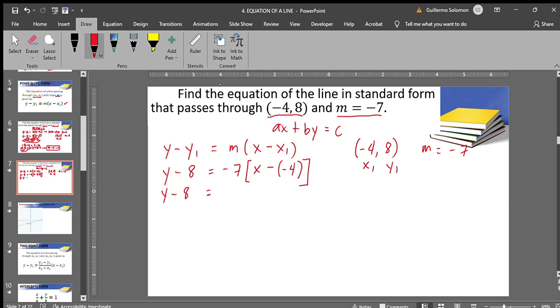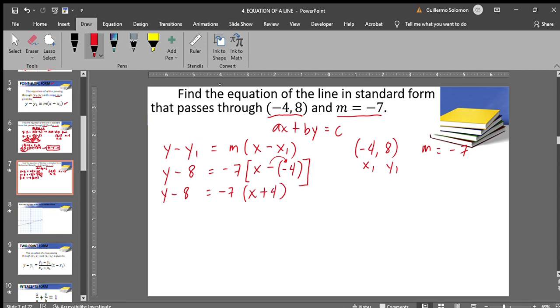Okay, equals negative 7. So, i-simplify natin is the parenthesis first muna, yung sa loob. So, we have rewrite x. Rewrite x. And then, since meron tayong negative dito, multiply ko kay negative 4. Okay, a minus sign multiplied by a negative 4, it will become positive 4.